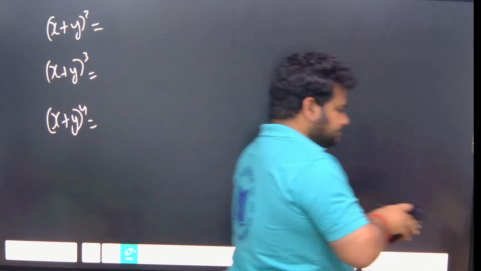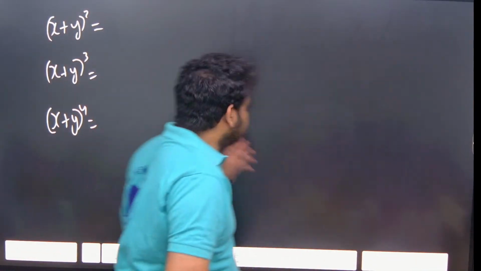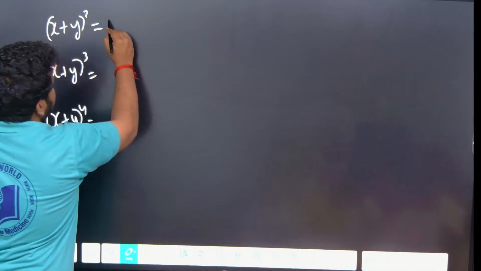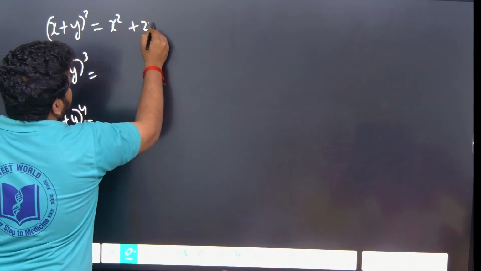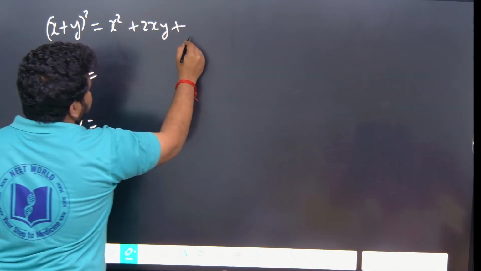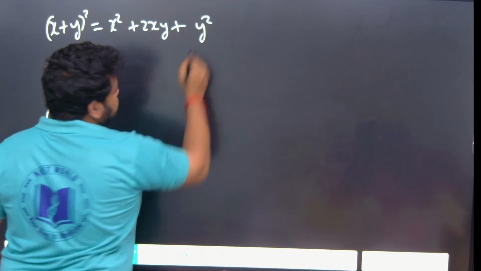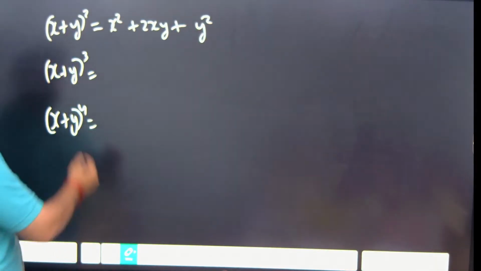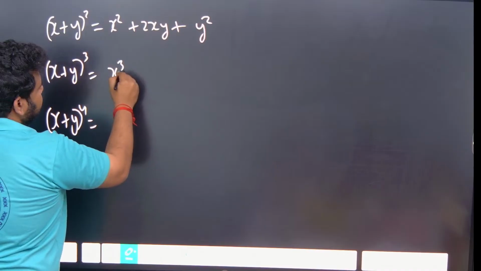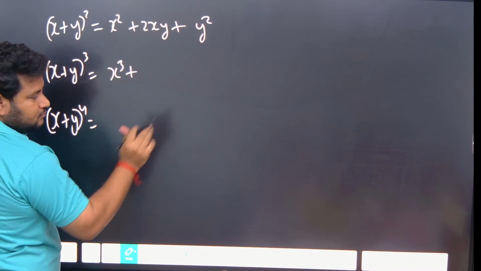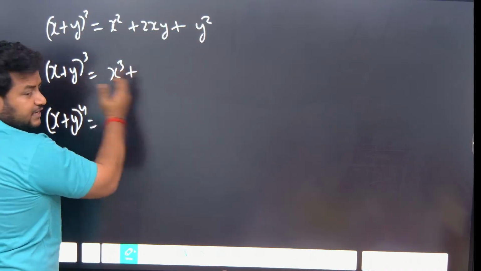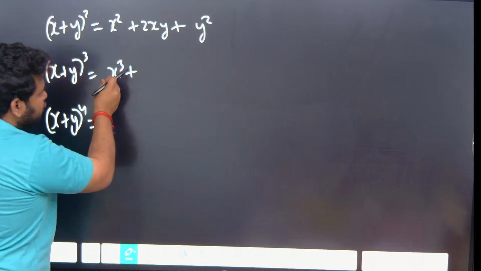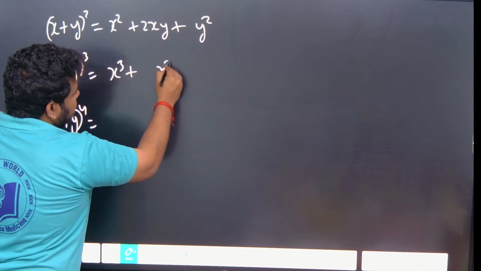If you take (x plus y) whole square, we can write it as x square plus 2xy plus y square. Now (x plus y) whole cube, don't write like that. You have to write it in the form of binomial expansion. x cube, then x square, then it will become what?